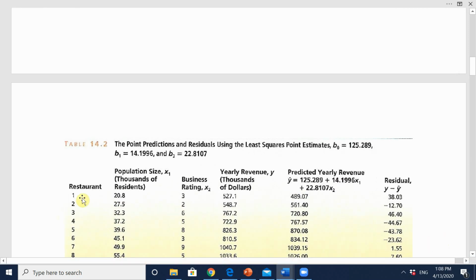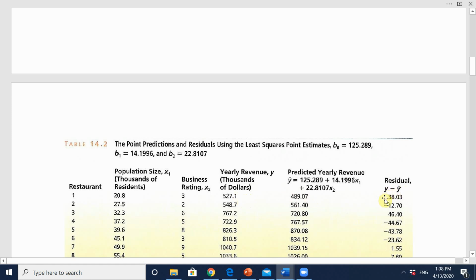For the first restaurant, if I am to use x1 equals 20.8 and x2 equals 3, then my predicted value for y will be 489.07. Of course, this is in thousands for annual revenue. And so I'm comparing that to the observed value of 527.1. As a result, I get a residual here.